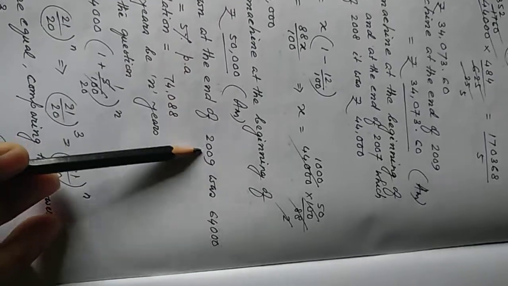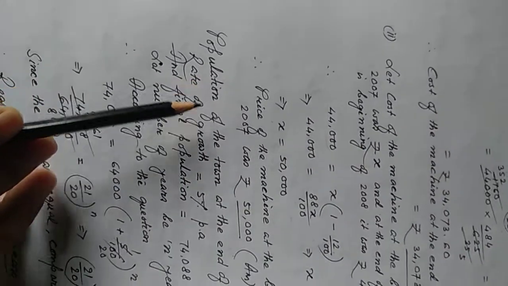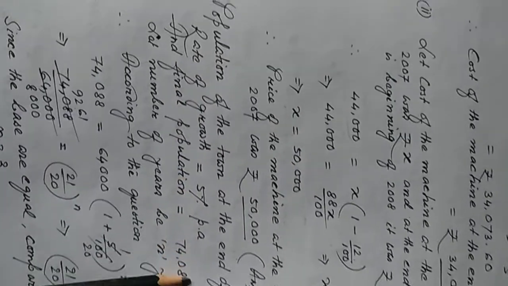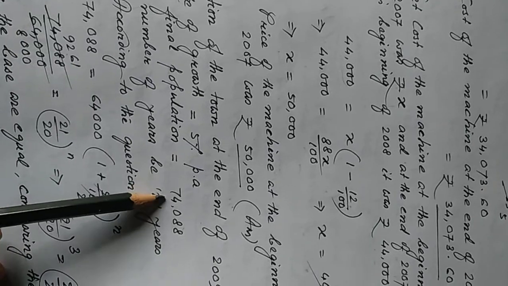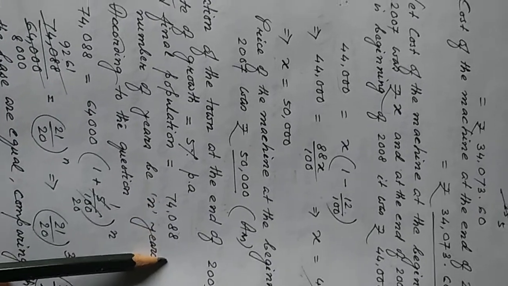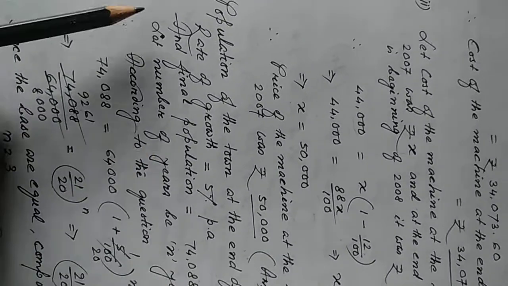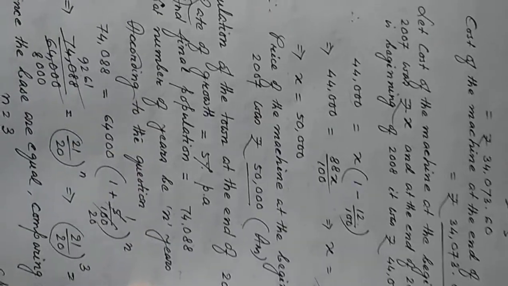So what I do here, the population of the town at the end of 2009 was 64,000, and the rate of growth is 5% per annum, and the final population will be 74,088, and I let the number of years be n years.